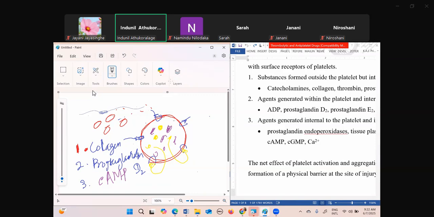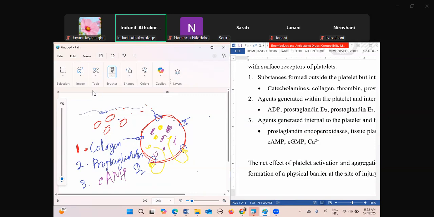And there are some agents which are produced inside the platelet and act on the membrane receptors as well. For example, ADP, prostaglandin D2, prostaglandin E2.